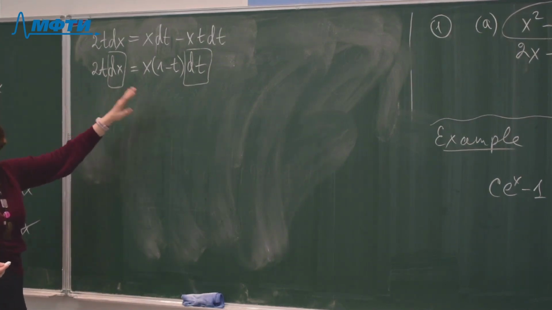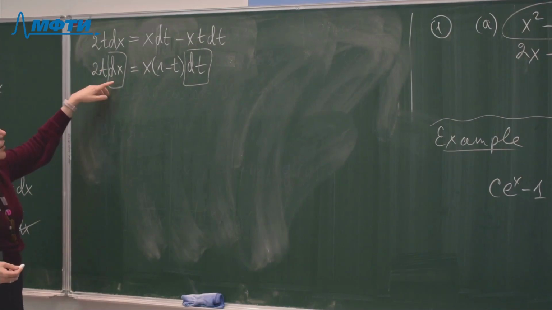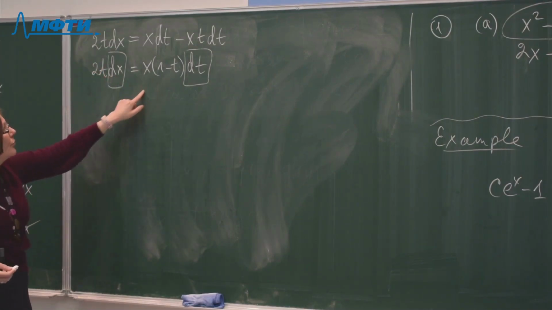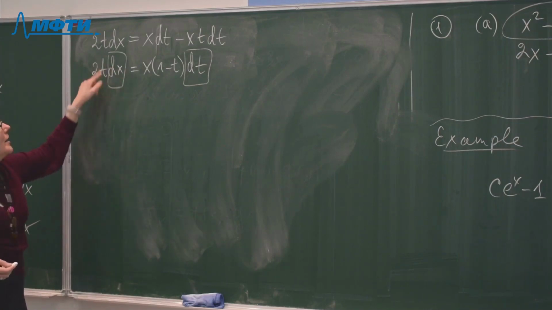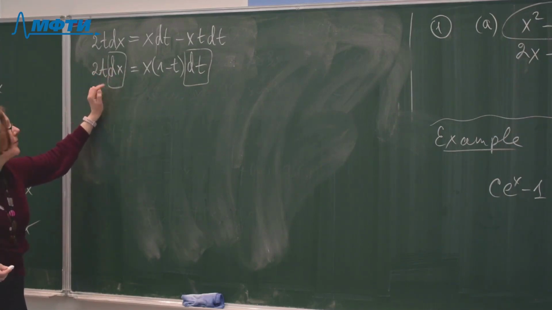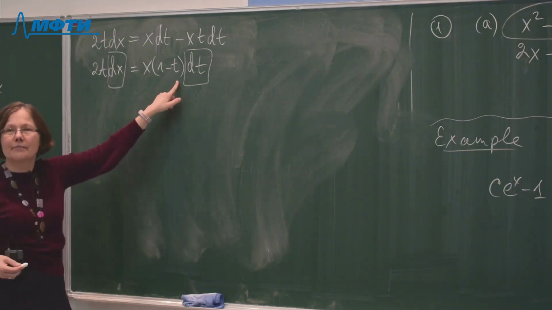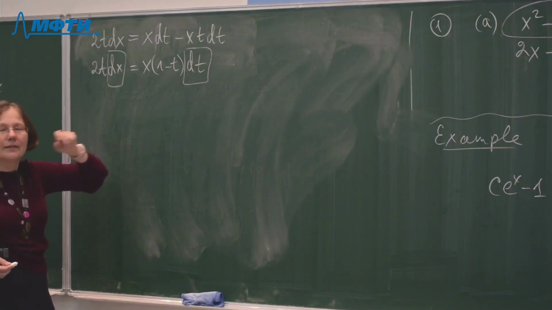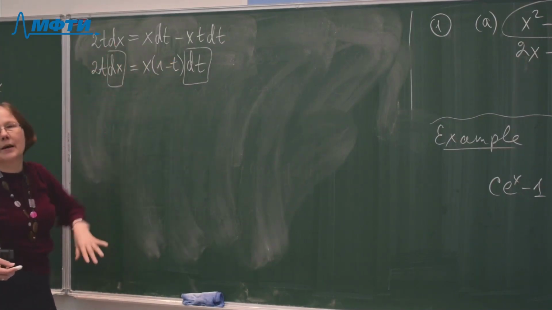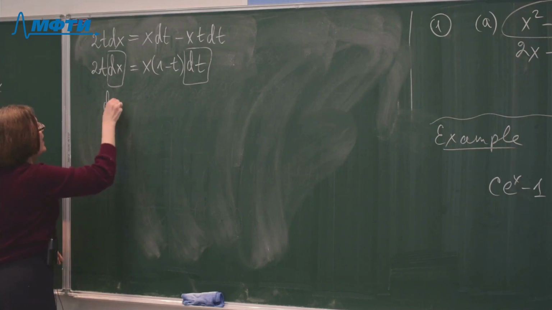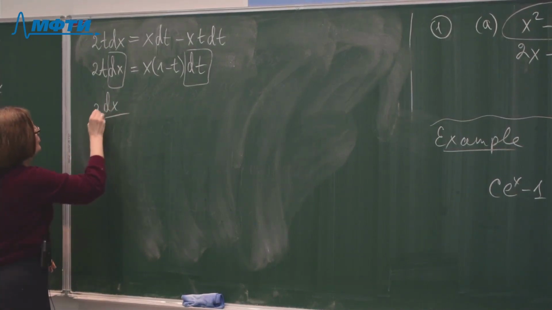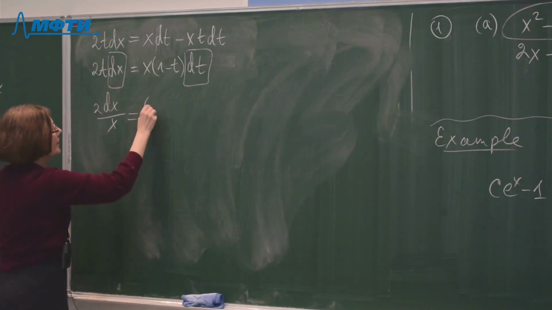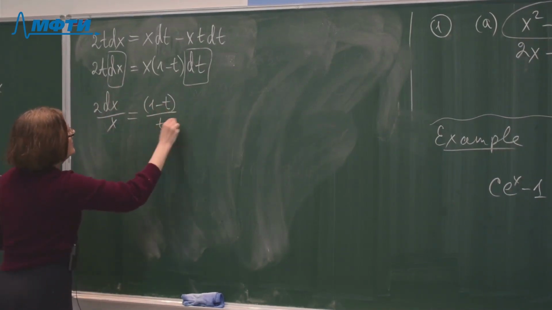These differentials show that we should collect all the factors with x on the left-hand side. So we should move x to the left-hand side, and move t to the right. So we should divide by x and divide by t. If we divide both parts by x, we will get 2dx over x equals, and then divide by t, (1 minus t) over t dt.